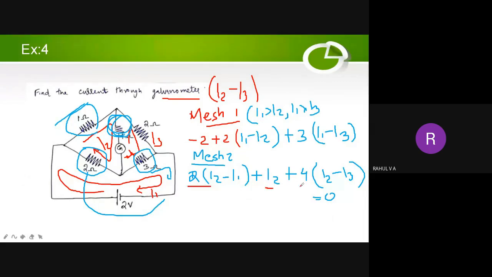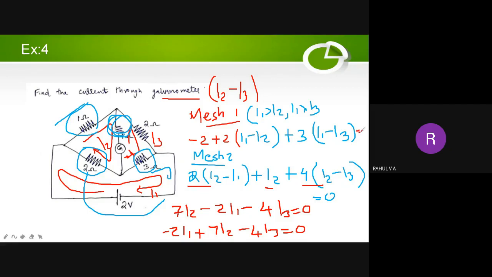So 7 I2 minus 2 I1 minus 4 I3 equal to 0. Or you can rewrite this as minus 2 I1 plus 7 I2 minus 4 I3 equal to 0. This also you have to simplify. The mesh 1 equation also you have to simplify and find the equation.